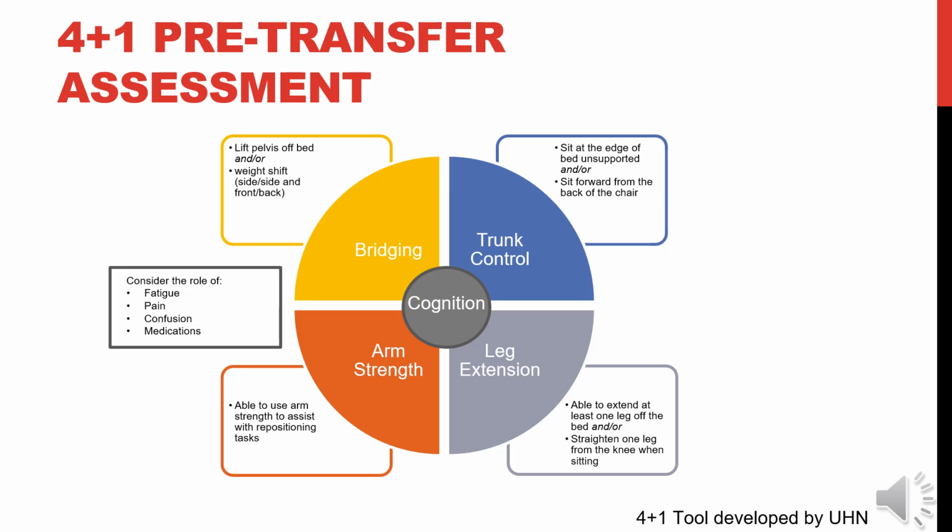First, you will look at core or trunk control by having the client sit at the edge of the bed unsupported or sit forward from the back of the chair. Secondly, you'll look at leg extension, which is assessed by having the client extend at least one leg off the bed or straighten one leg from the knee when sitting.